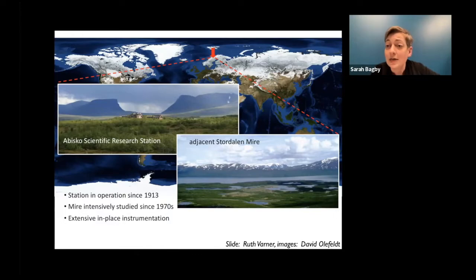The Mire has been studied intensively for about 50 years, and there is in-place instrumentation that allows us to do really remarkable things, like, for instance, get a nearly continuous stream of recordings of which gases with which isotopic compositions are being released by the plant and microbial communities of the Mire.